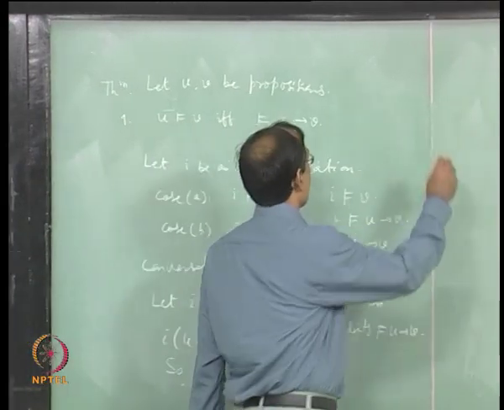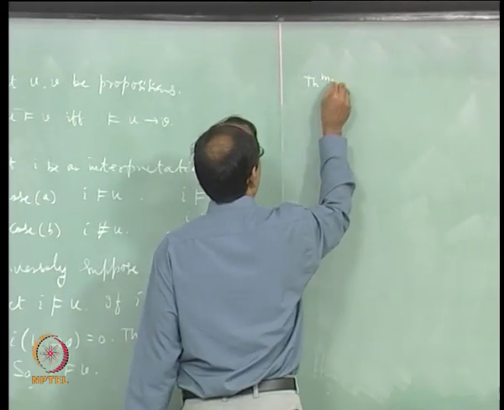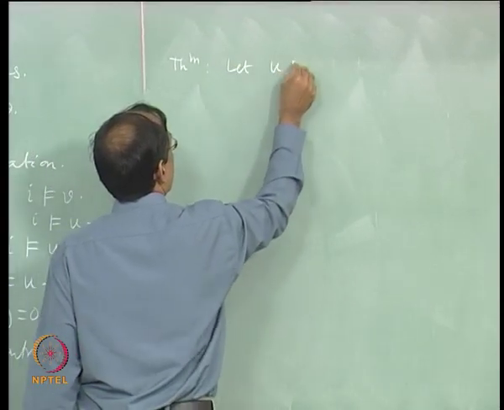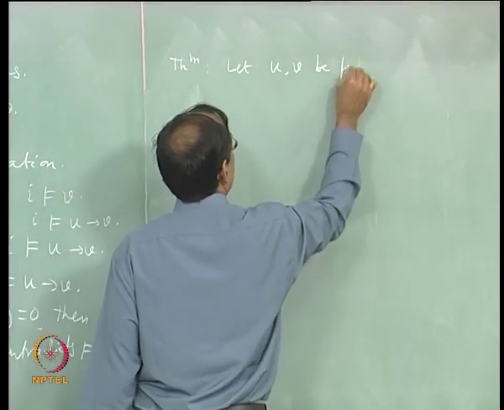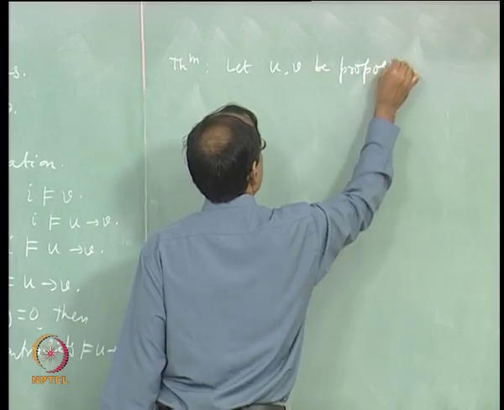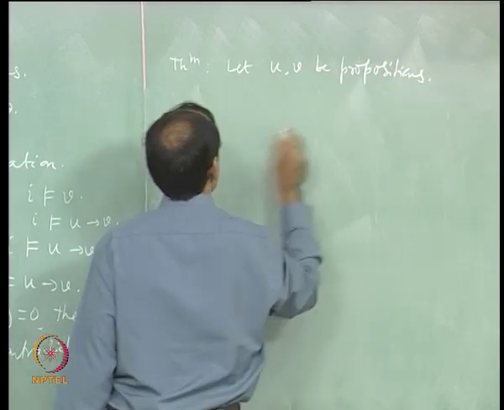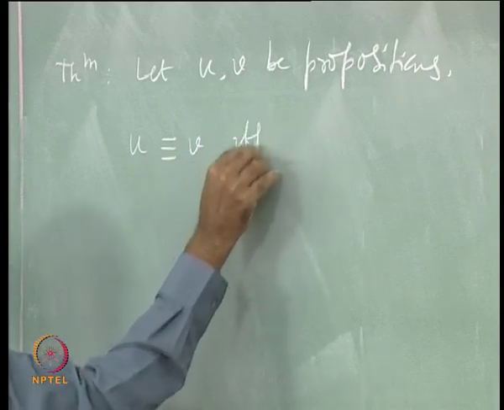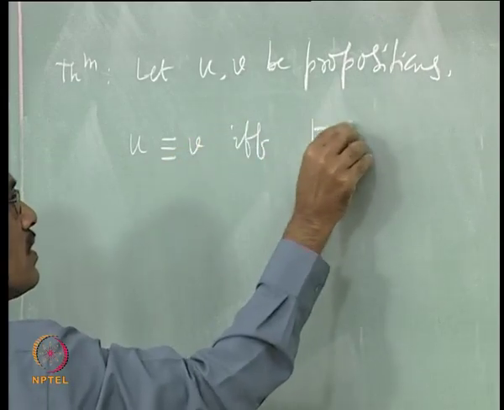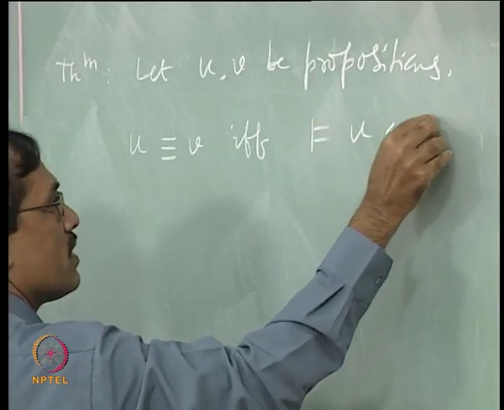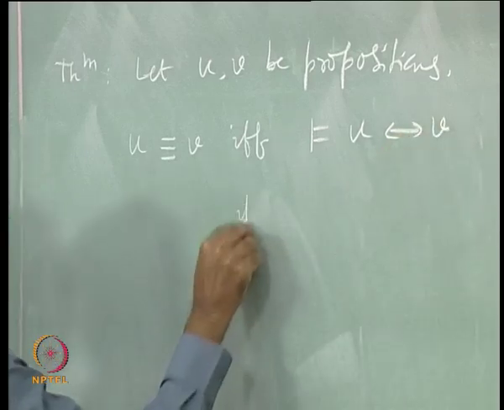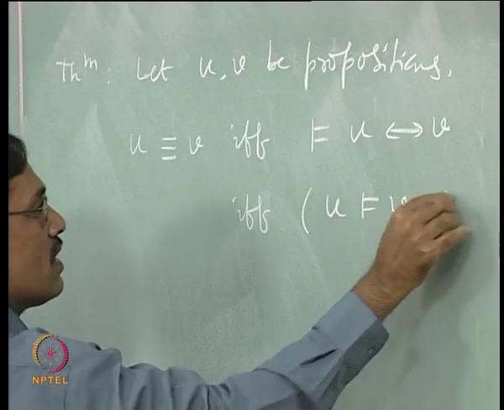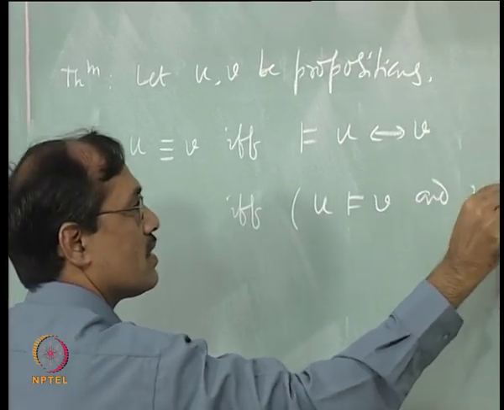So, you may say that U is equivalent to V if and only if U biconditional V is valid, if and only if U entails V and V entails U.